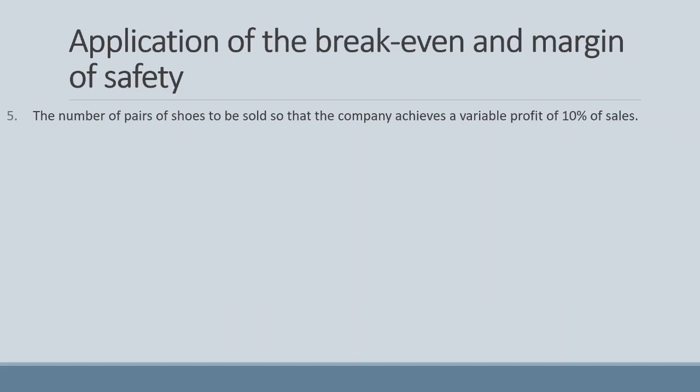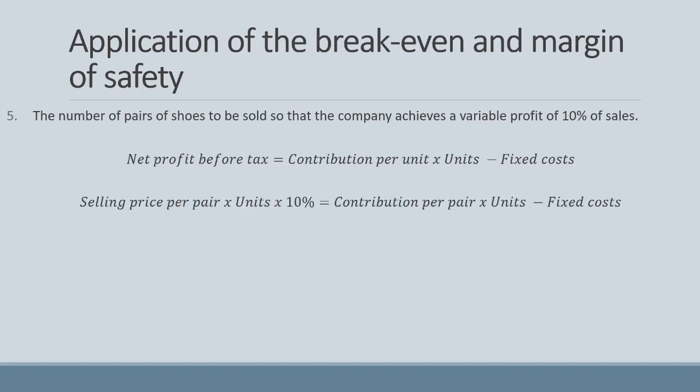To answer this question, we will start with our profit formula. We will now restate our net profit as 10% of sales. So we end up with the selling price per pair multiplied by the number of units sold to give us our total revenue. We then have to multiply this by 10% to represent our target profit.